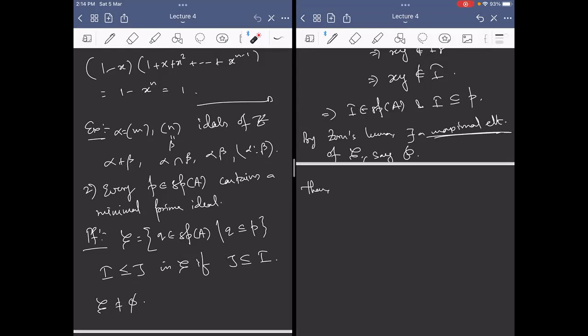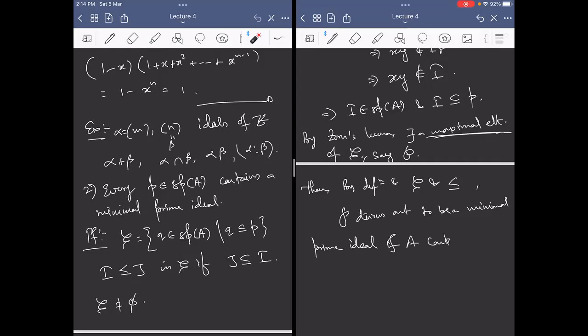Then by definition of C and this ordering, this turns out to be a minimal prime ideal of A contained in P. And that completes our proof.